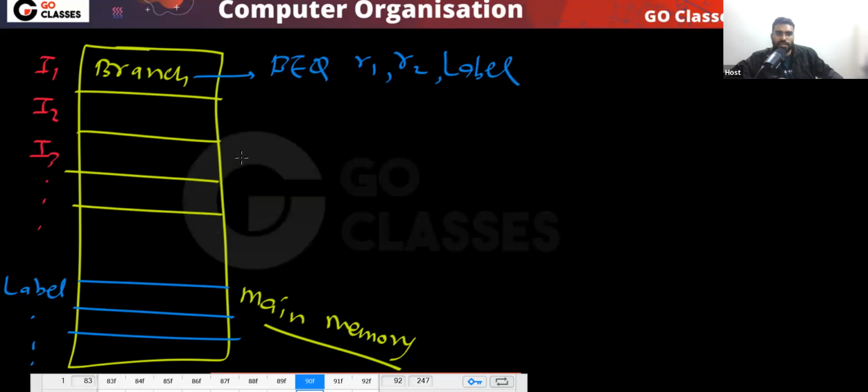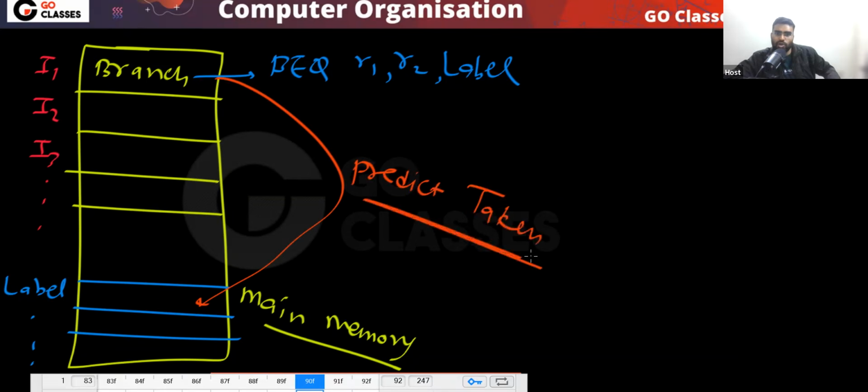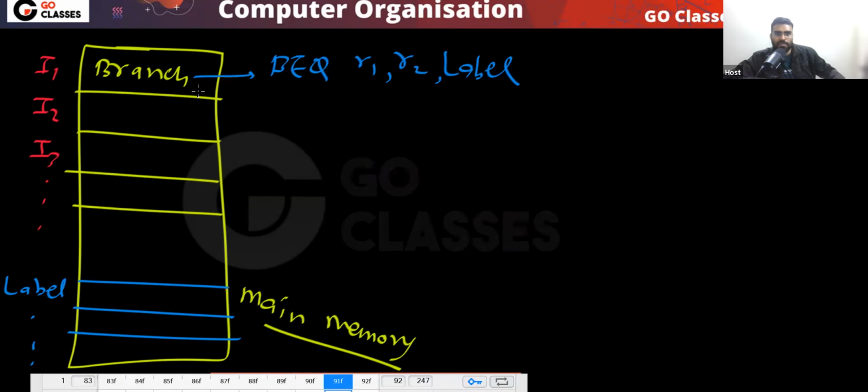Where will predict taken go? This type of scheme is called the predict taken scheme. And this is your predict not taken scheme.